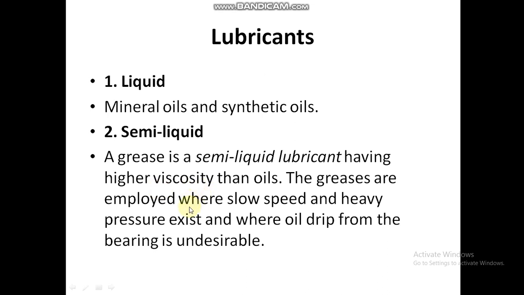These greases are employed where slow speed and heavy pressure exist and where oil drip from the bearing is undesirable. So where you do not want oil drip from the bearing, you will use grease, because grease has higher viscosity than oils, and grease is very suitable for low speed and heavy pressure conditions.